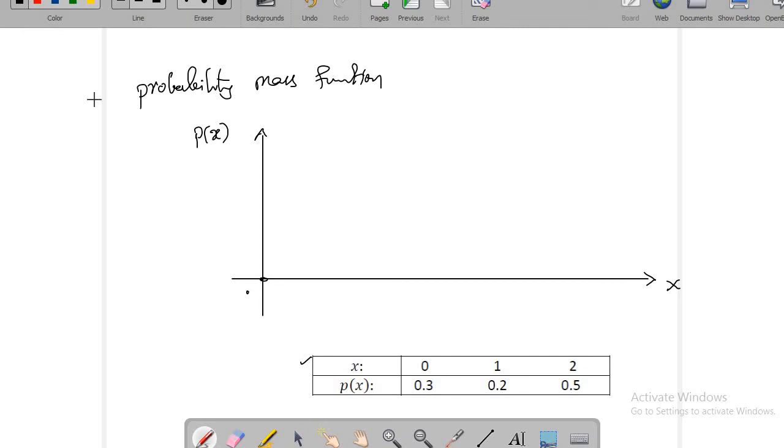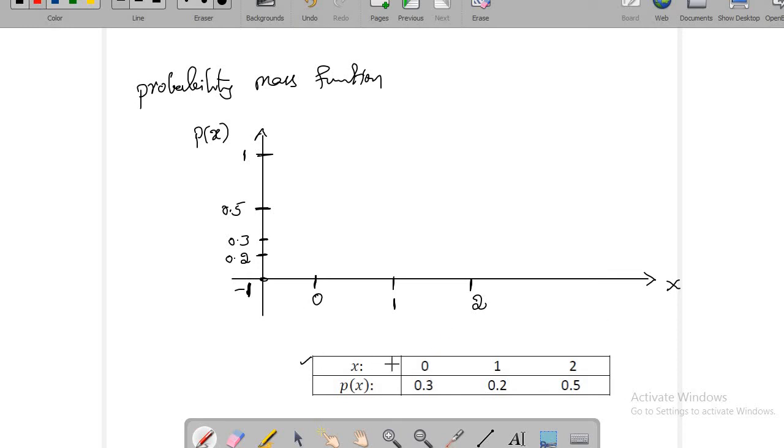Okay, so the random variable is taking the values 0. Just for clarity, I'd like to take -1 here. It's not actually the y-axis, it is just one line which is left of the y-axis. And here it is 0, here it is 1, and here it is 2. Now the maximum, let me suppose this is 1, and this will be 0.5, and somewhere here 0.3, and somewhere here 0.2.